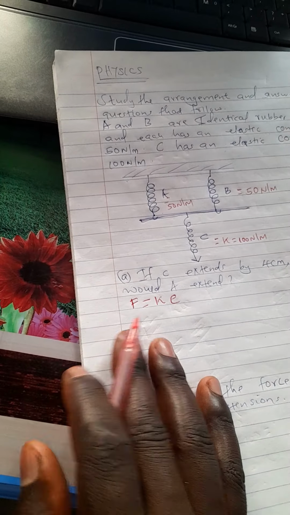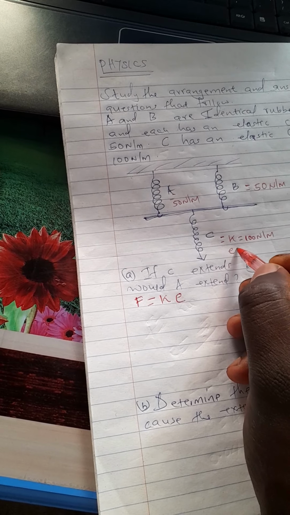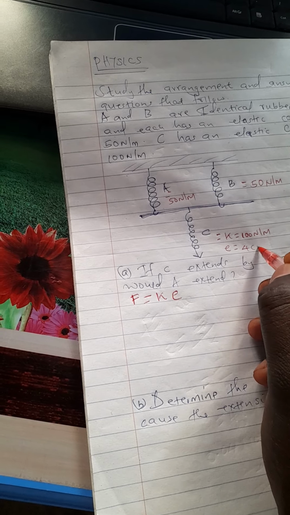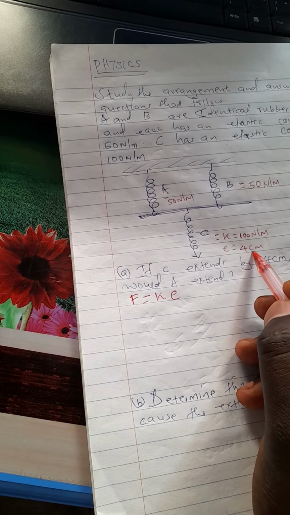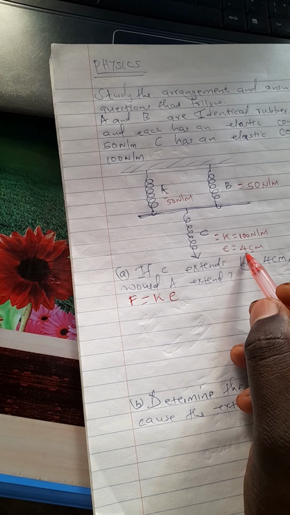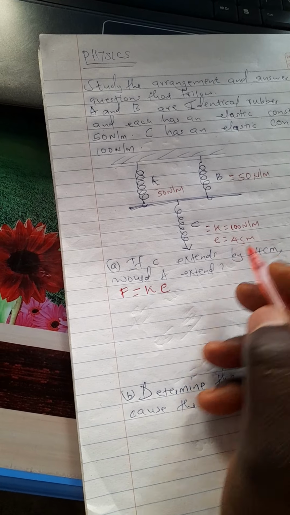So we come down here. Since we have been given the extension, which is 4 centimeters, and the units of K are in meters, first of all we shall convert these units from centimeters to meters.